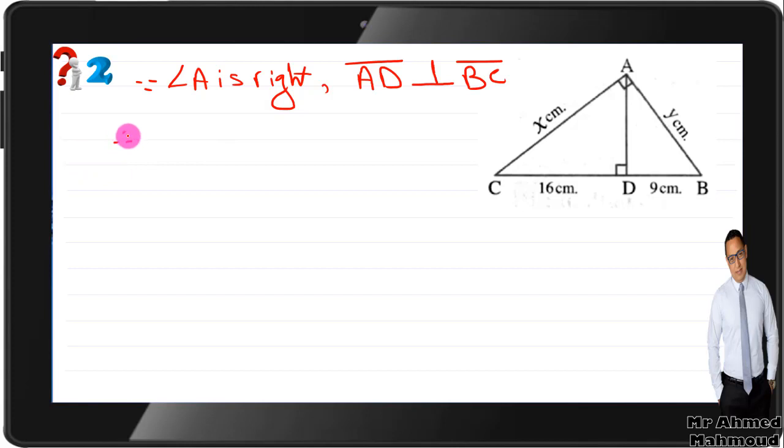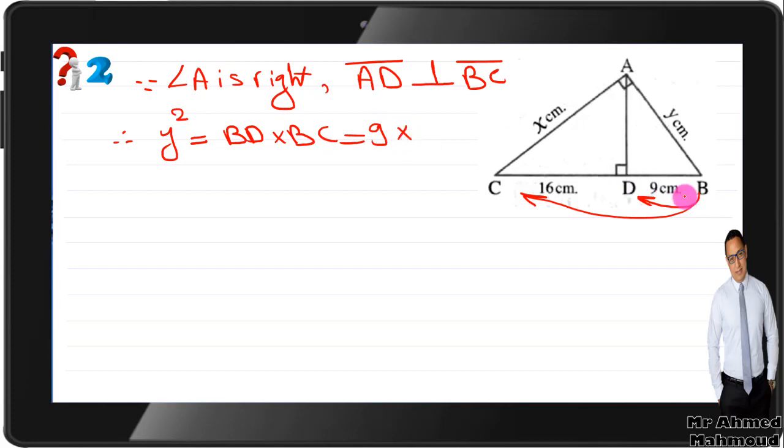Therefore, y power of 2 equals BD times BC, equals 9 times BC, where BC equals 9 plus 16 equals 25.